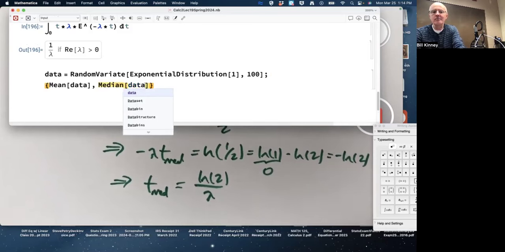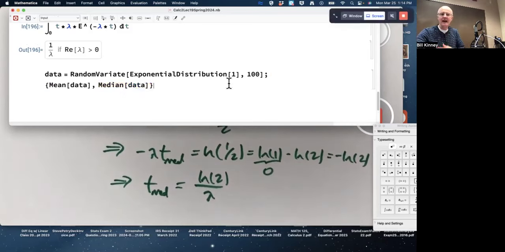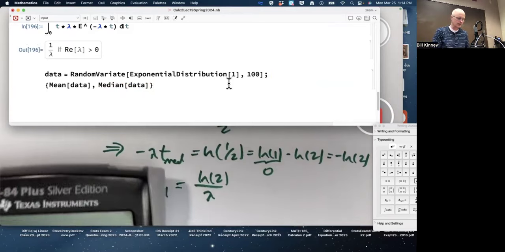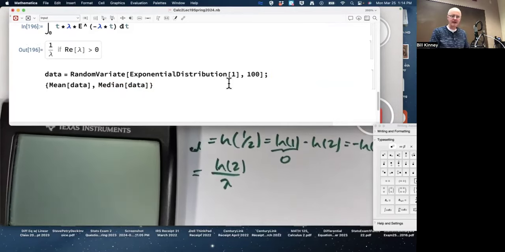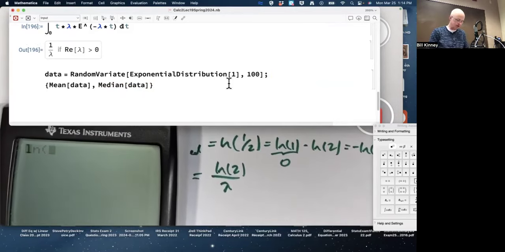The theoretical mean and median that I got from the theory should pretty closely match the mean and median that I get from simulated data. Lambda's 1 here. So the mean should be close to 1/1, which is 1. And the median should be close to ln of 2, 0.69.